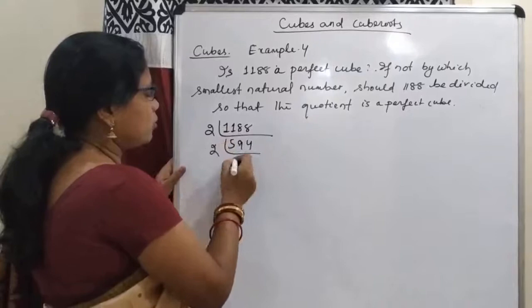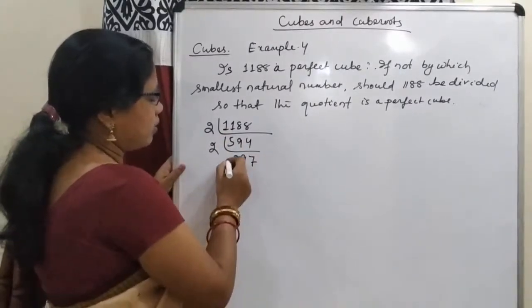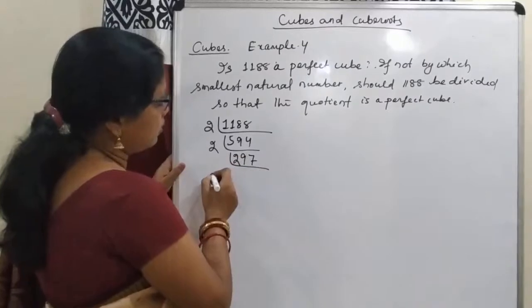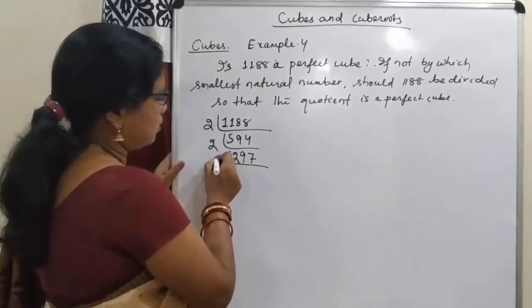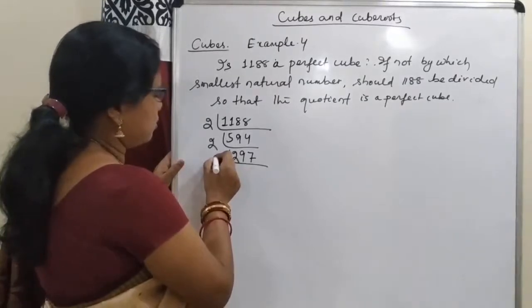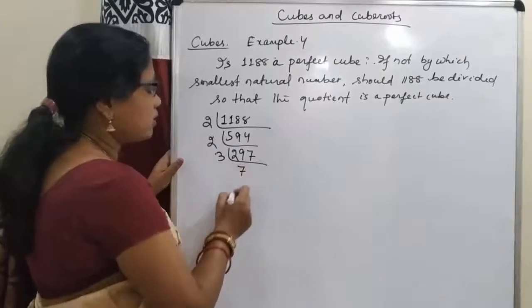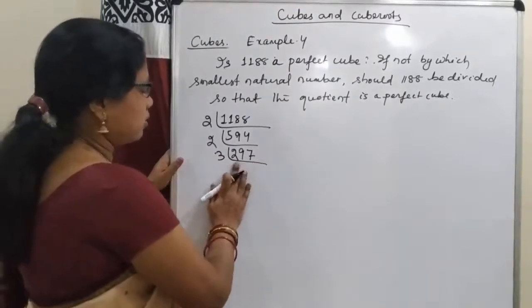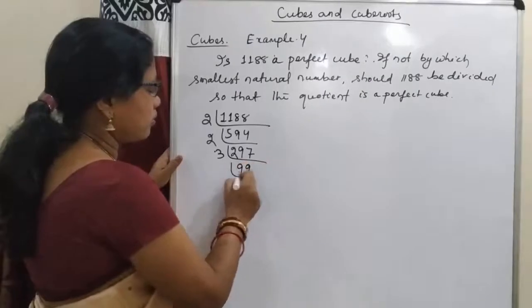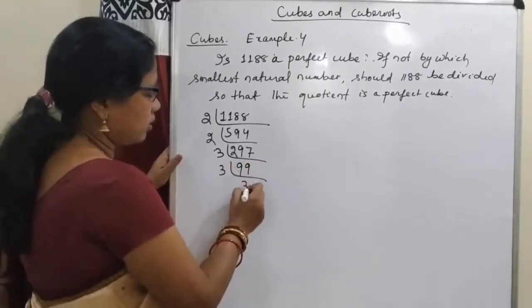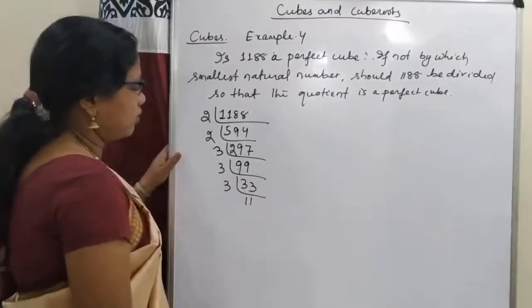Then again 2. 2 2s are 4, 2 9. Then 7. Then it is divisible by 3. 3 7s are 21, 3 9s are 27. Then 3 9s are 27. Then 3 3 3. Then 3 11.